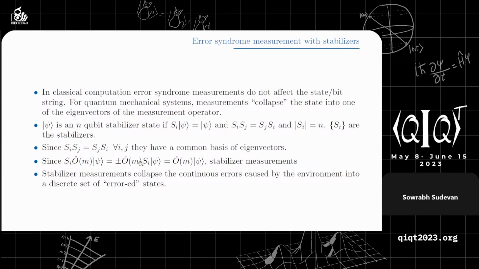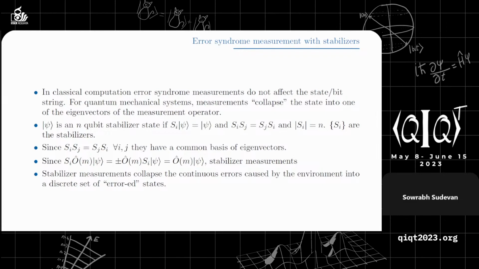So we will get the same state with a plus or minus sign. What this means is that any errored state is also an eigenvector of the stabilizer operators, right? If there is any kind of Pauli string acting on the state, you will get some other state, and if you do the stabilizer measurement, you will always get plus or minus one.